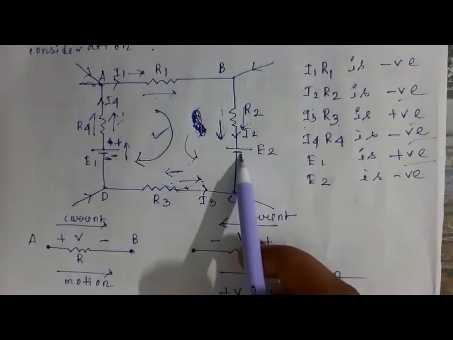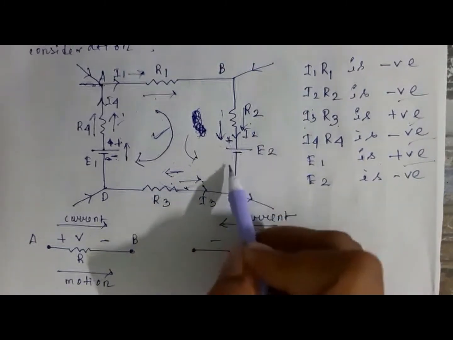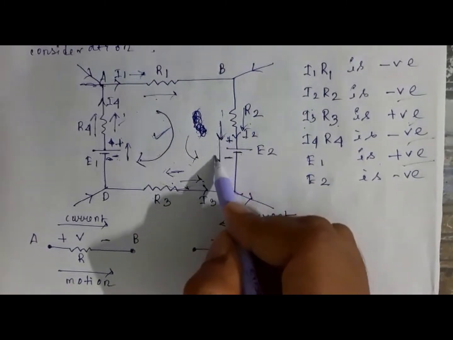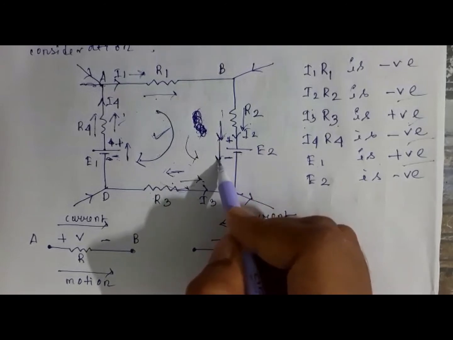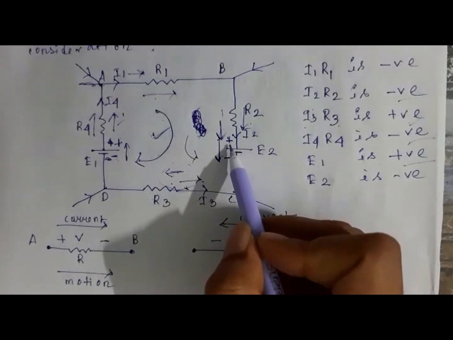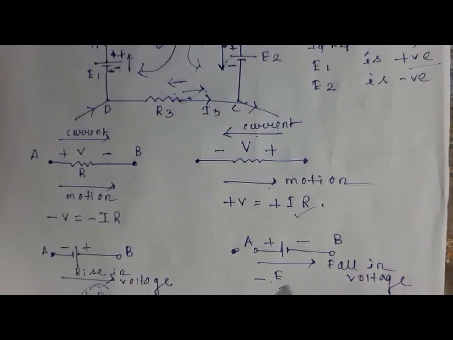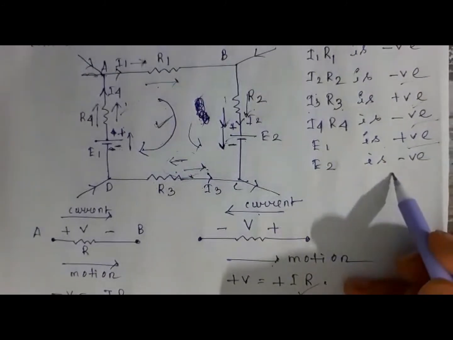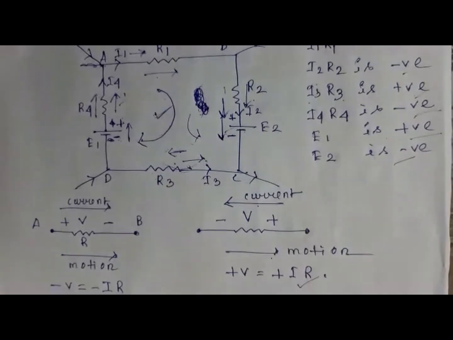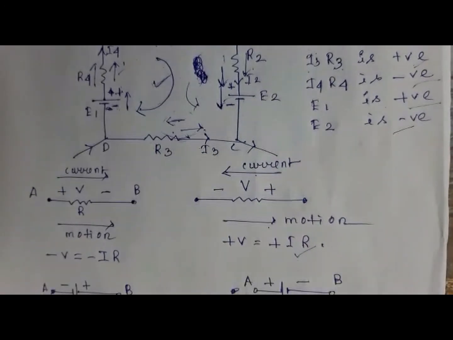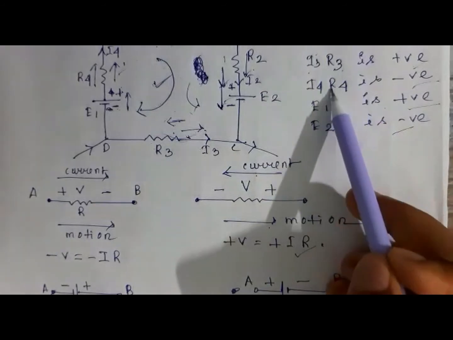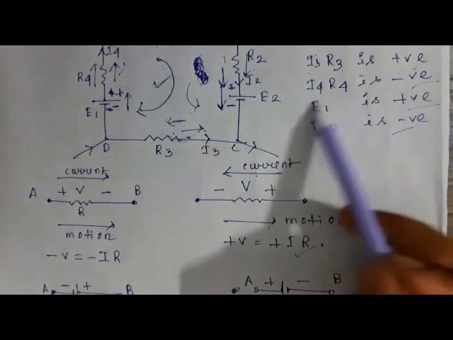For E2, this is positive, this is negative, so here we have a fall in voltage. For a fall in voltage, we take a negative sign. So this is negative. Like this, we have got the voltage drop for each branch as well as the EMFs.